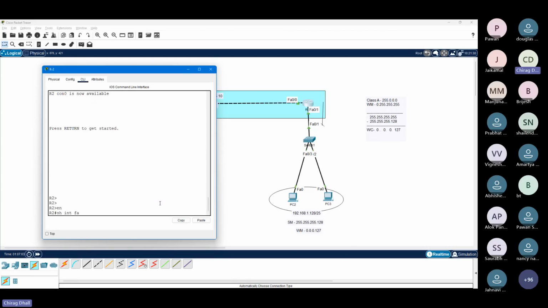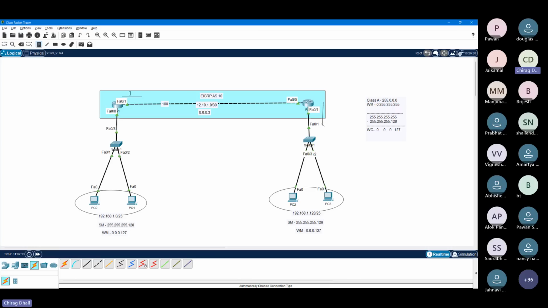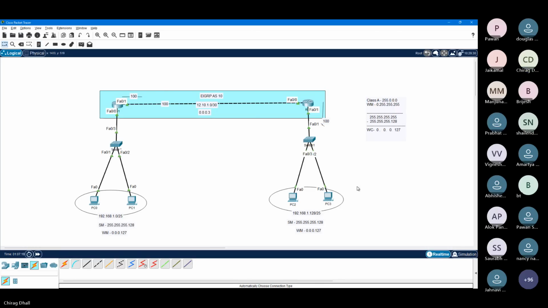Show interface FA0/1. Here also the delay is 100. Keeping that logic in mind, here I have 100 as the delay, and here I have 100 as the delay.